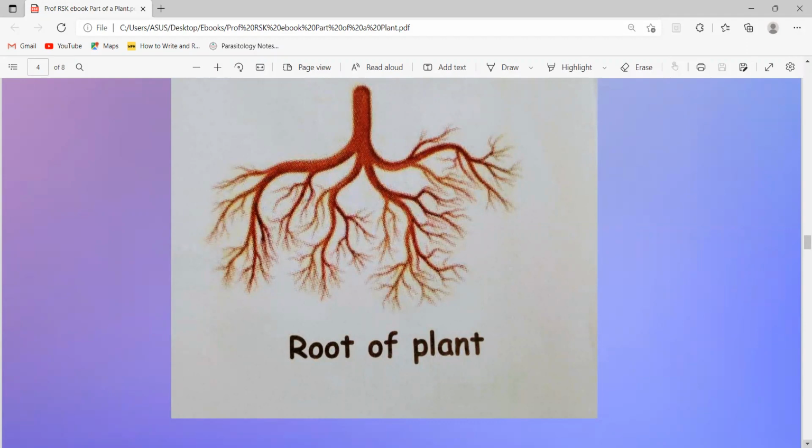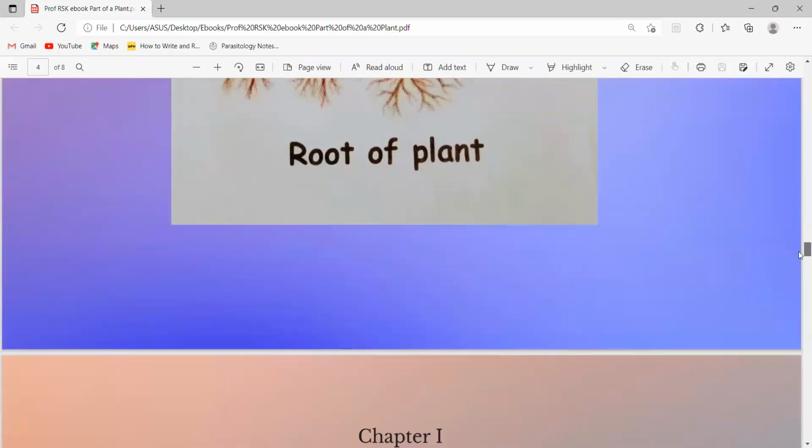For the shallow roots, we have the tomato plant, which does not require a lot, and the grasses. So basically, fibrous roots are roots that do not penetrate deep down the soil. All right, so that is the root of the plant and what it does.